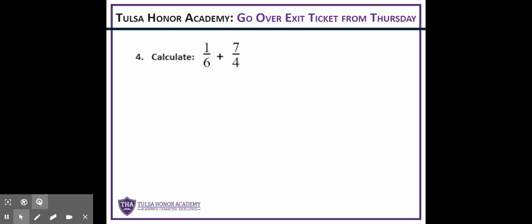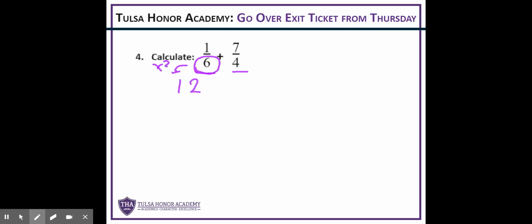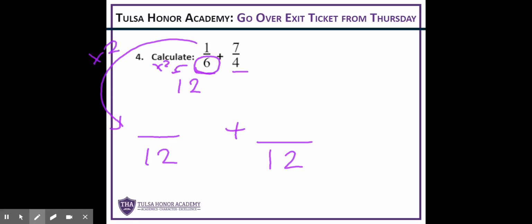Our next question is, we are looking for 1/6 plus 7/4. So I always look at the bigger number first, and just list them off until I find their lowest common multiple. So 6 times 2 is 12. 4 does go into 12, so I'm going to make both of the fractions over 12. So in order for 6 to get to 12, we have to multiply by 2. So we also have to multiply the 1 by 2.